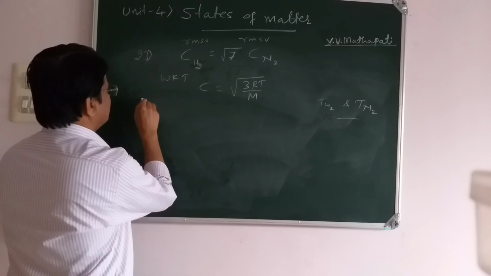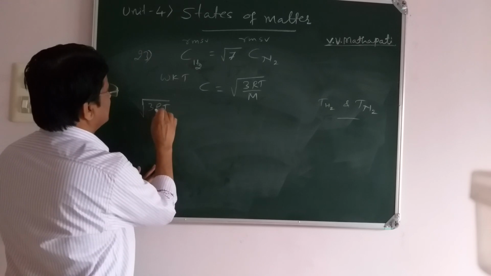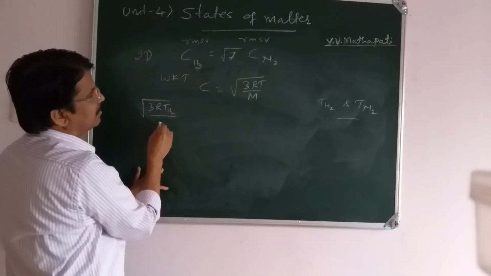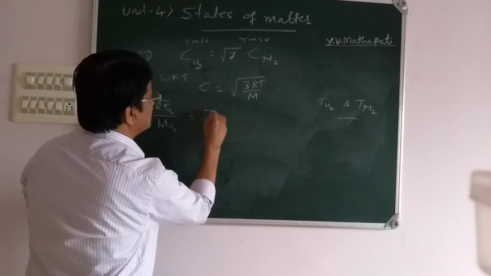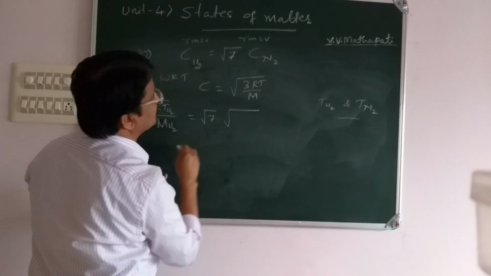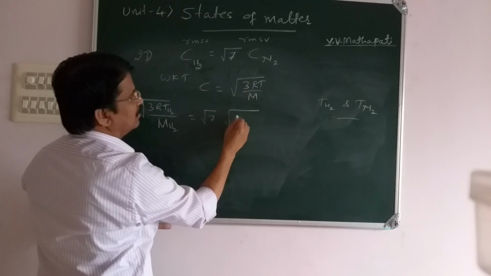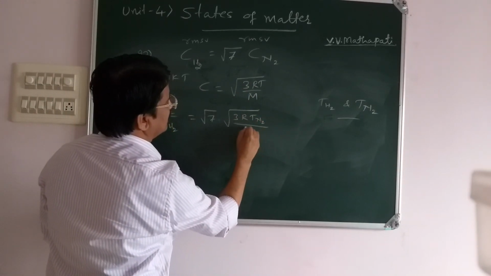Square root of 3RT of H2 by M of H2 equal to root 7 into root of 3RT of N2 by M of N2.